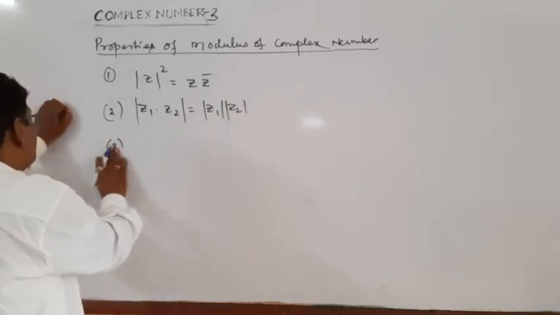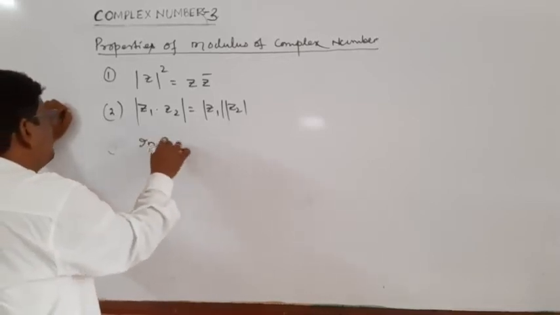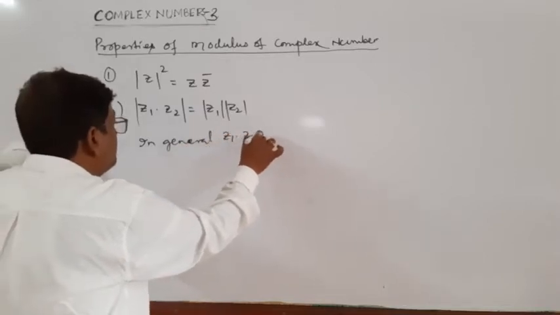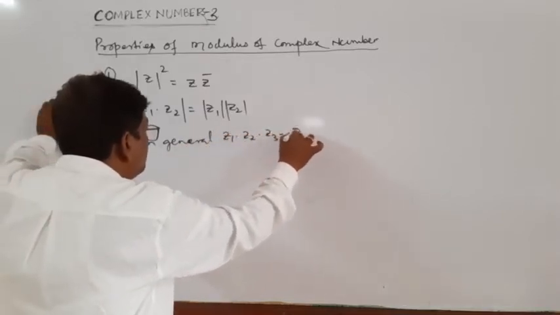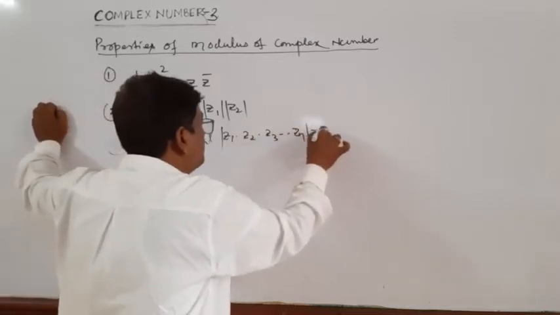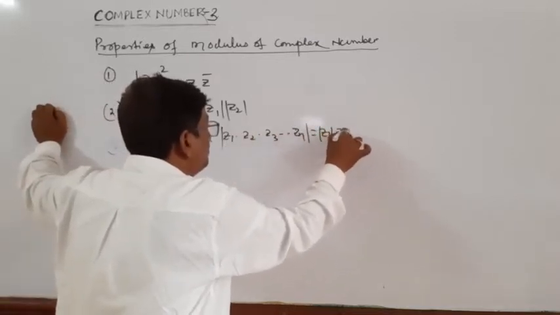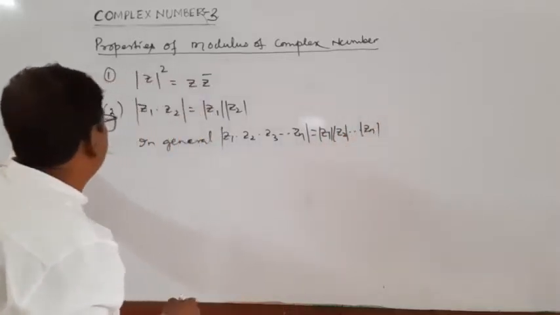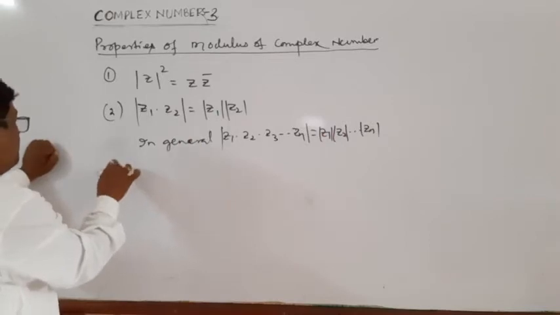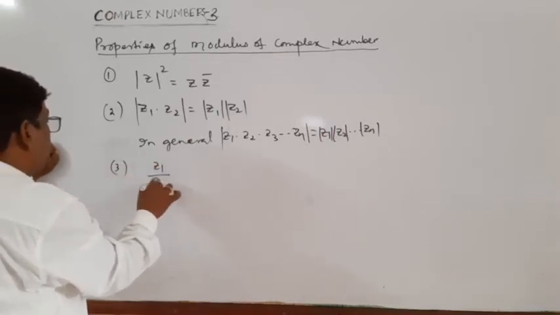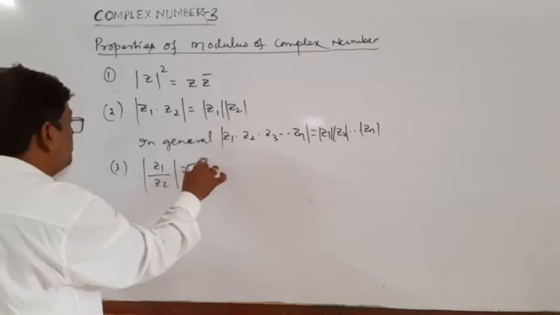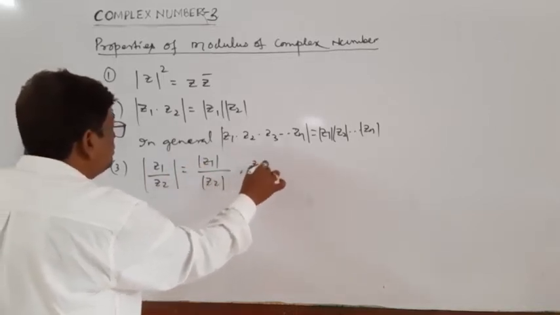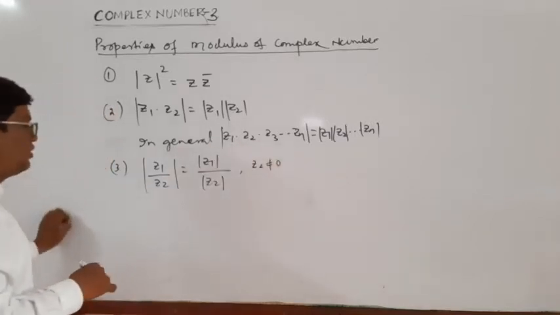Similarly, in general we can write mod of z1 into z2 into z3 up to zn is equal to mod z1 into mod z2 up to mod zn. Now property 3: mod of z1 by z2 is equal to mod z1 by mod z2, provided z2 is not equal to 0. This is property number 3.